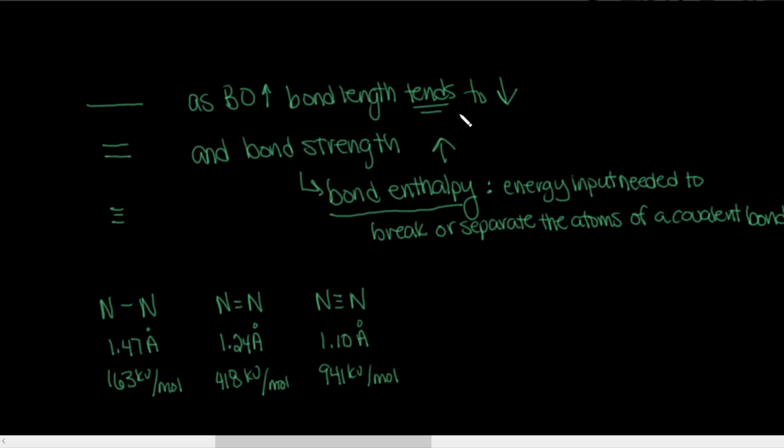But like I said, if you're dealing with something in a much smaller energy level, like hydrogen overlap, or if you were comparing things in the second period to things in the third or fourth period, that can play a role as well. But if you're talking about things of similar radii, the trend holds true that when you increase your bond order, you decrease your bond length, and you increase your bond strength.